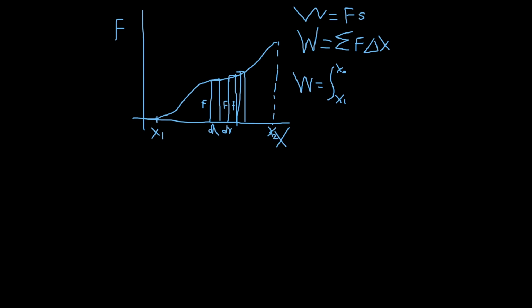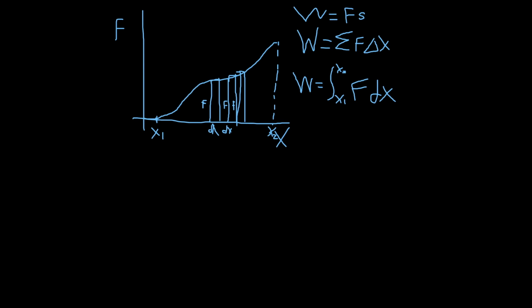Dx is just a small segment of x. This shows us that we can use the integral to sum up the forces to find our total work, as with the sigma notation and the integral. All you're really doing is just summing up the displacements with the forces to find work.